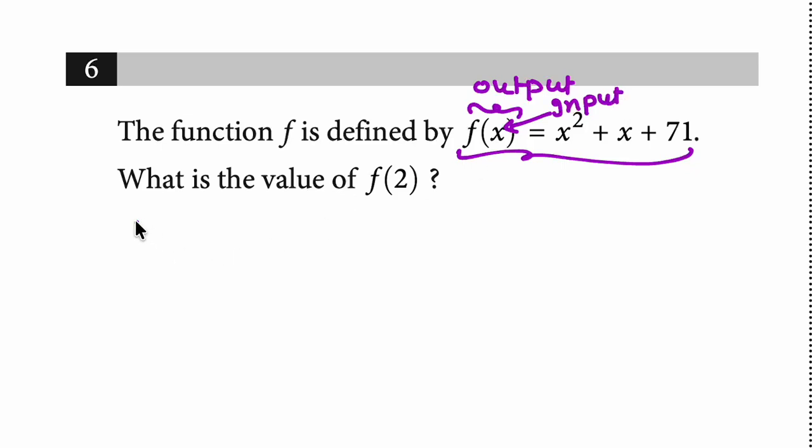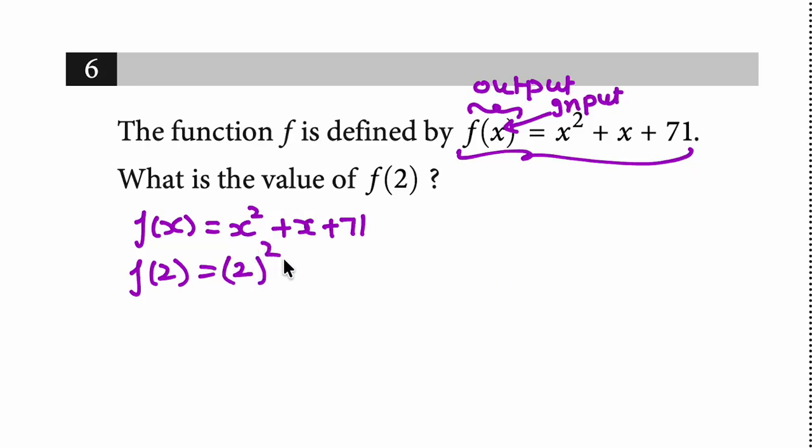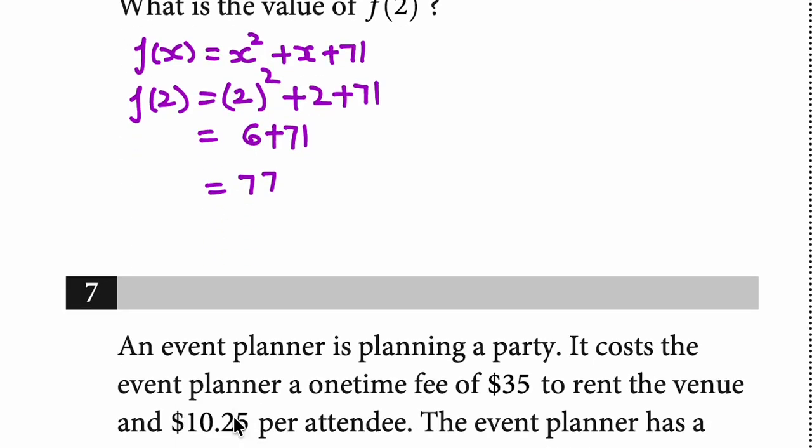In our question, this x is input and our equation is this. Now when f of 2 is to be calculated, that means we have to give input as 2. So that is 2 squared plus 2 plus 71. 2 squared is 4, plus 2 is 6, plus 71, which is 77. So f of 2 is equal to 77.